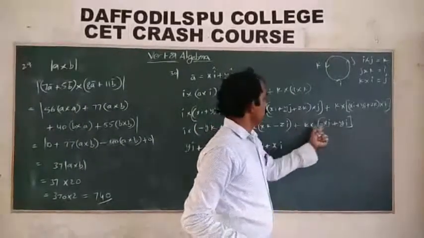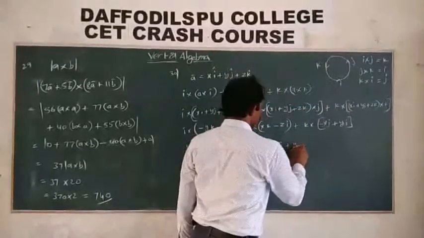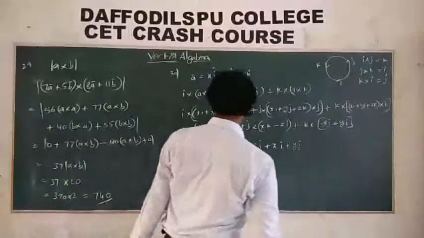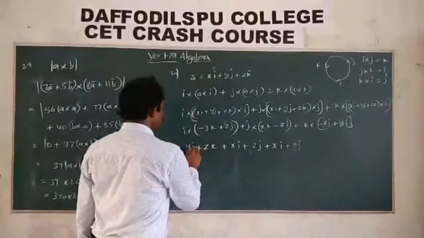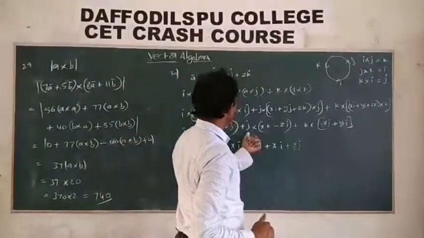Next, k cross I is j, so that implies yj. This one k cross j is minus, so xk.